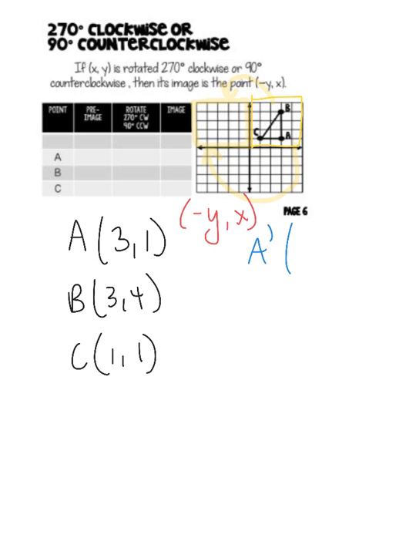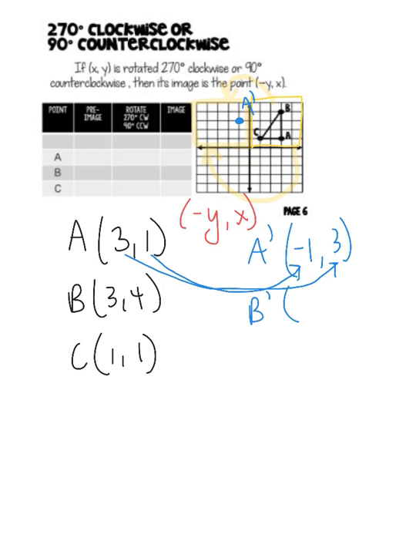Now let's look for A prime. Well, it was (3, 1). We take the y value, we put it in our x position, and we change its sign. And then we take our x value and we put it in our y spot. So A transforms into A prime at (negative 1, 3) when we rotate 90 degrees counterclockwise. Let's look at B prime.